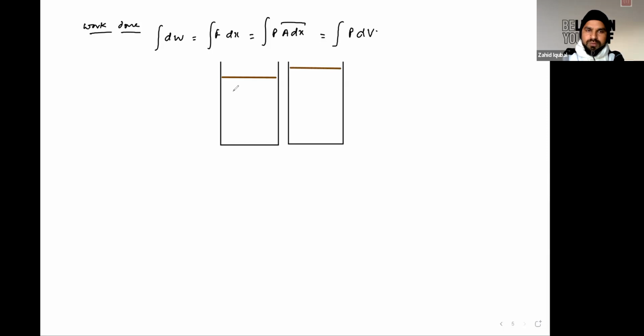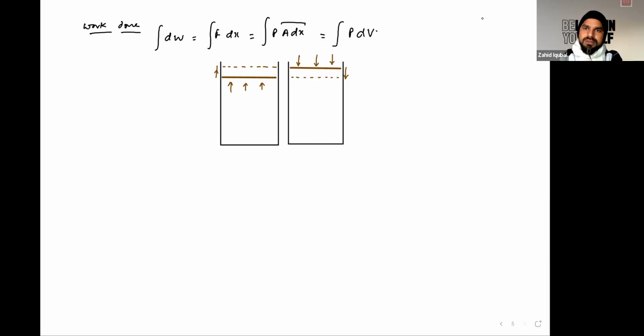If work is done by the gas on the piston, it will tend to expand from this initial volume to some final volume towards this. Similarly, if work is done on the piston by any external agency, it will tend to compress the gas from this state to this state.